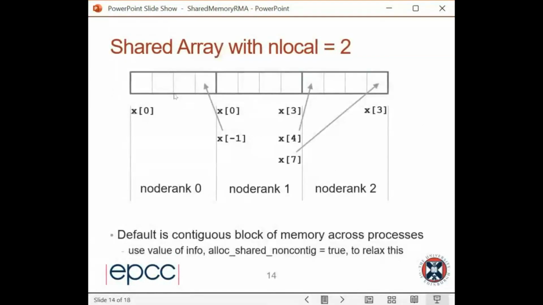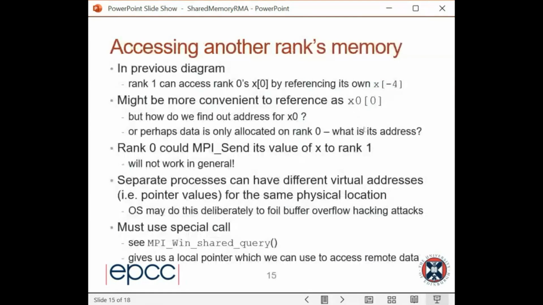It might be nice for me to actually just know what the pointer is here. If I knew what this pointer was, call it x0, I could reference it as x0 of 0. And you could say, well, how do I find out the address x0? Well, rank 0 could just send me its value. Could rank 0 just MPI send me its pointer?